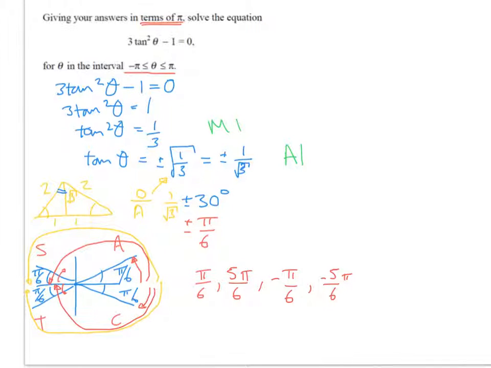If you then worked out the solutions for positive and negative pi over 6, you would have 1 working and 1 method. And to give all 4 answers, you get your 2 answer marks. Total is 6 marks.